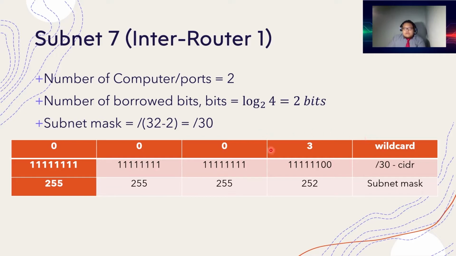From here the wildcard changes because the CIDR and the subnet mask have also changed. The wildcard for this subnet is 0.0.0.3, the CIDR that we retrieve is mask 30, and the subnet mask used in this subnet is 255.255.255.252.